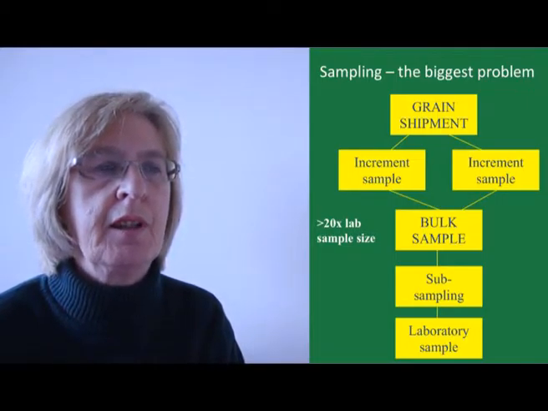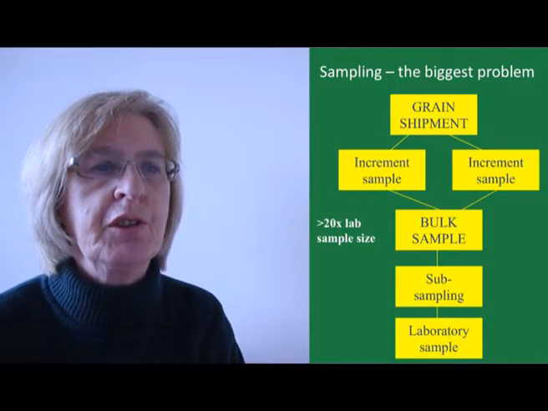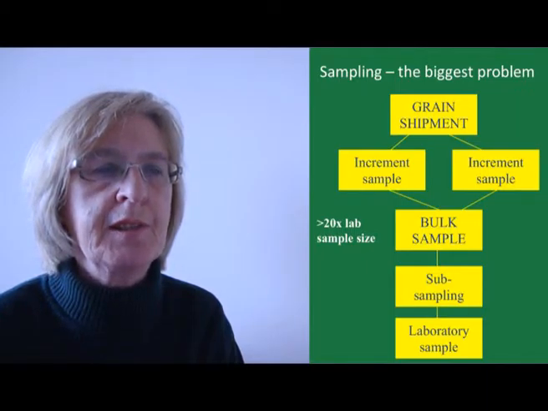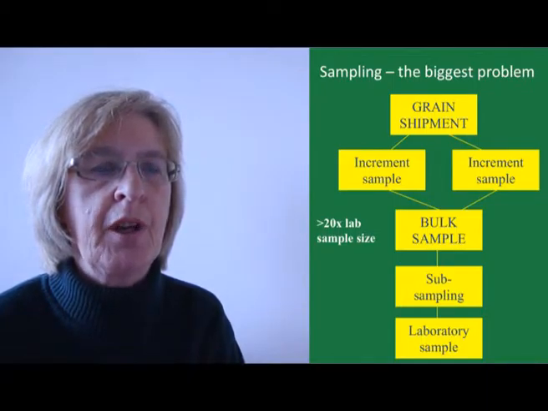In this case, the recommended procedure is to take a number of increment samples from the shipment, each consisting of 1 kilogram of grain. Half a kilogram from each increment sample is then combined to form a bulk sample, which should be at least 20 times the sample size that eventually goes to the lab for analysis. This bulk sample is then subsampled to get the laboratory sample.